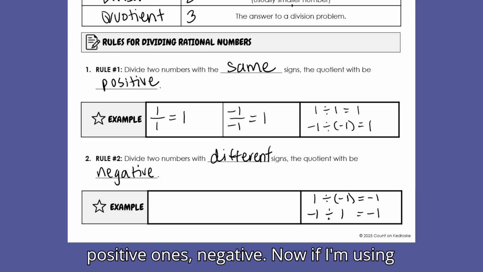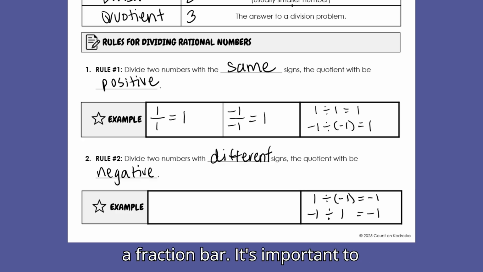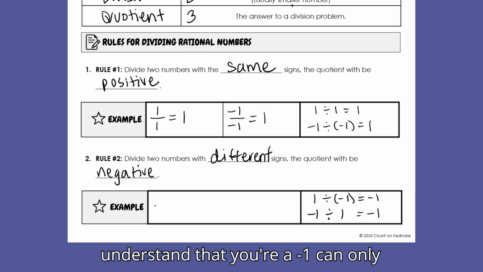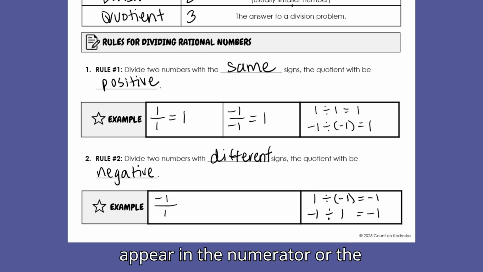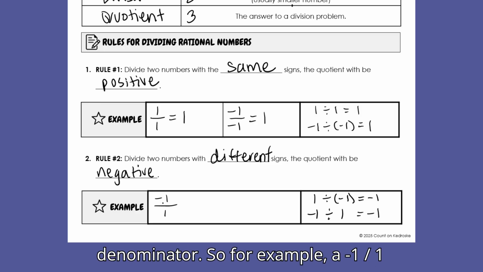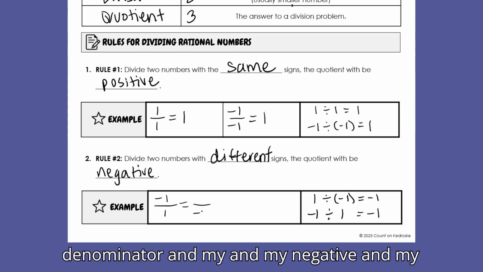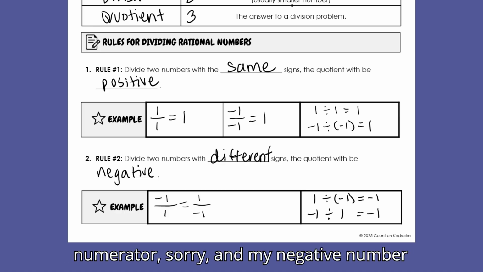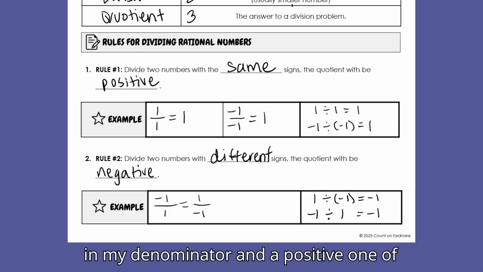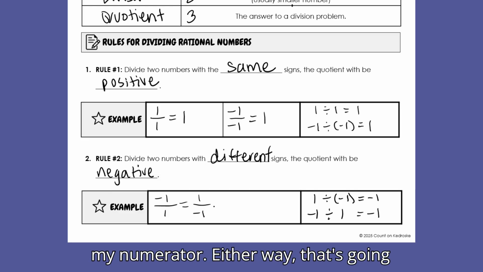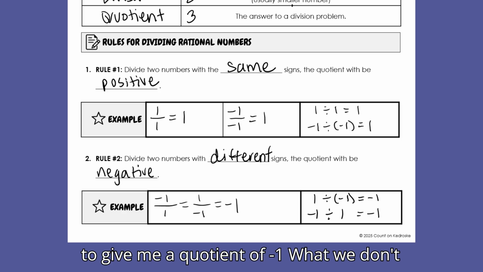One's positive, one's negative. Now, if I'm using a fraction bar, it's important to understand that your negative 1 can only appear in the numerator or the denominator. So for example, negative 1 divided by 1. Or I can have that negative 1 in my denominator and a positive 1 in my numerator. Either way, that's going to give me a quotient of negative 1.